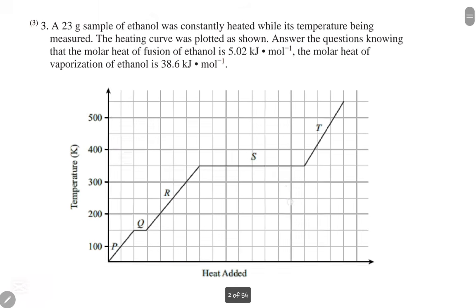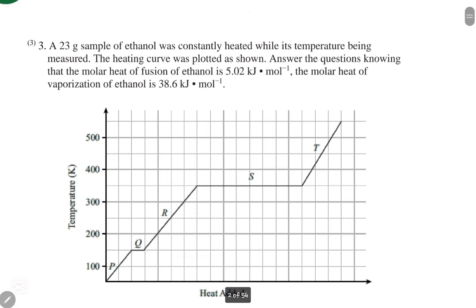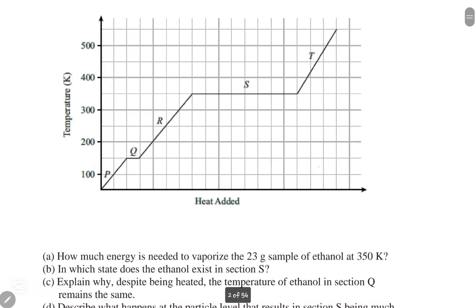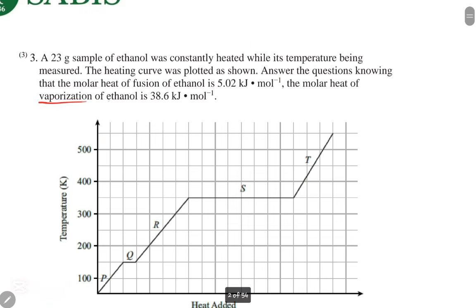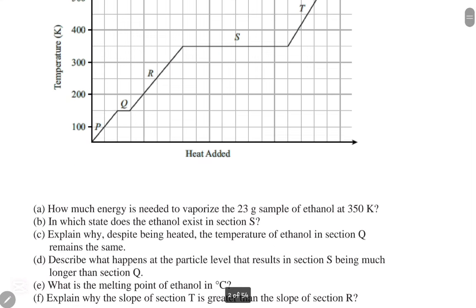So I need to look back up to what I have over here. I have fusion of ethanol, vaporization of ethanol. They wanted what? They wanted to vaporize. So I'm going to only look at the vaporization of ethanol. I'm going to see the unit is kilojoule per mole. That means I need to have something that contains kilojoule and something that contains mole. I'll go down again.